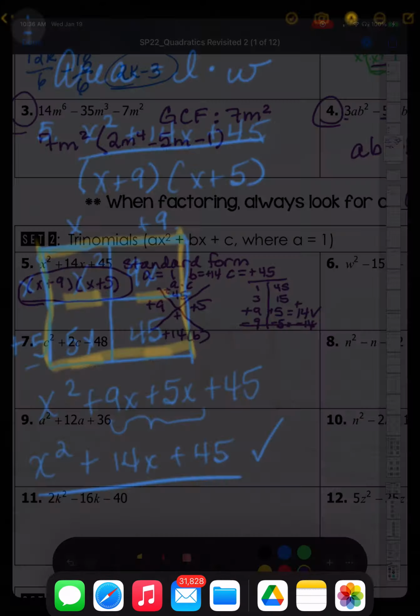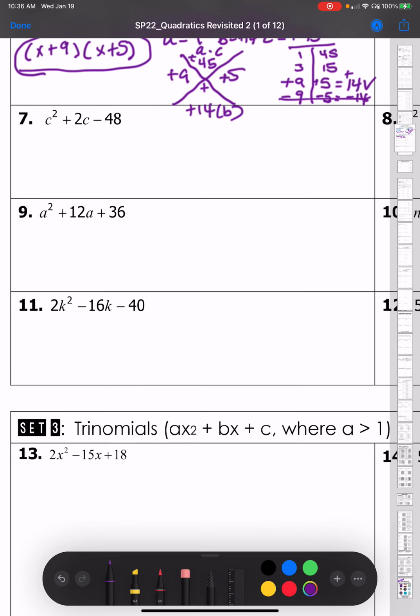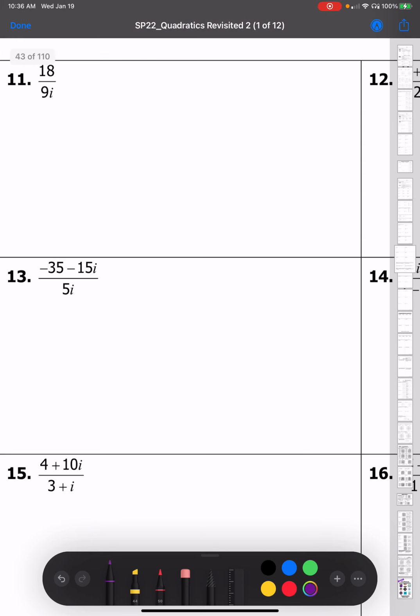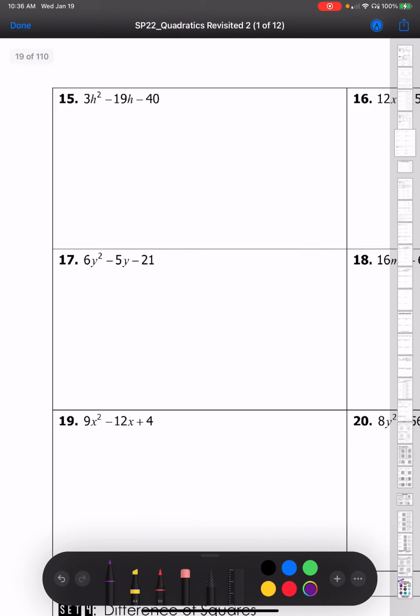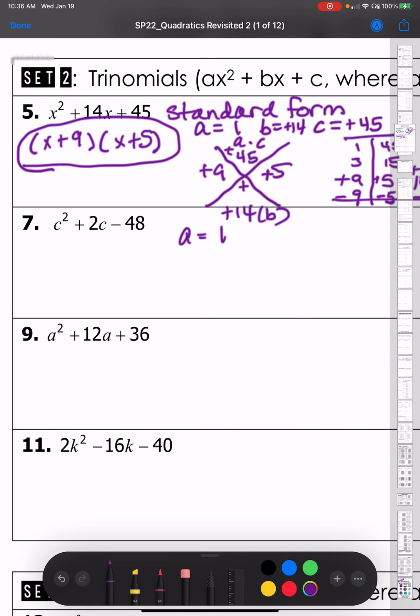So let's look at another one. We'll look at number 7. Number 7, again, the first thing we need to do is identify our a, b, and c, because there's no greatest common factor. So our a is 1. Our b is positive 2, and our c is negative 48.